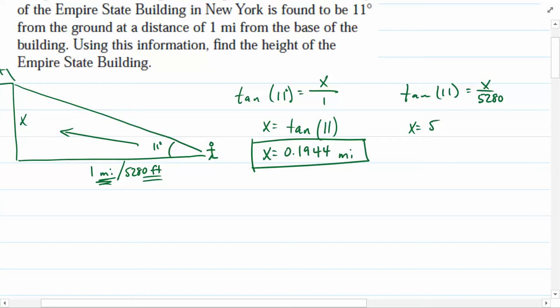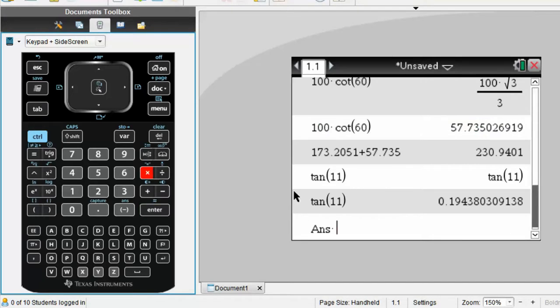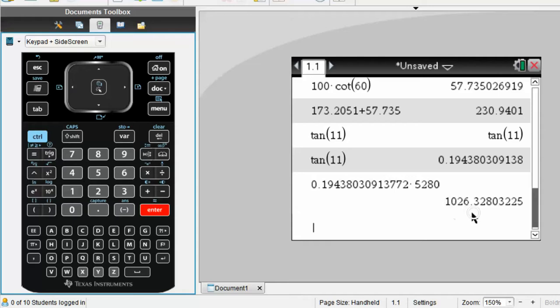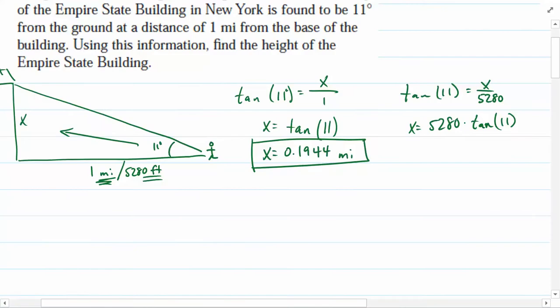So x would have been equal to 5,280 times tangent of 11. And if I multiplied that result by 5,280, then we'd see that the Empire State Building is about 1,026 feet tall. So I'll say that it's approximately 1,026 feet.